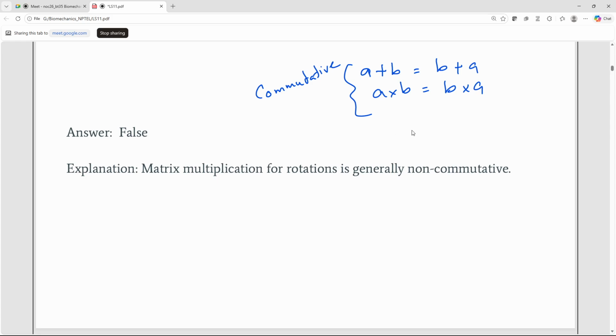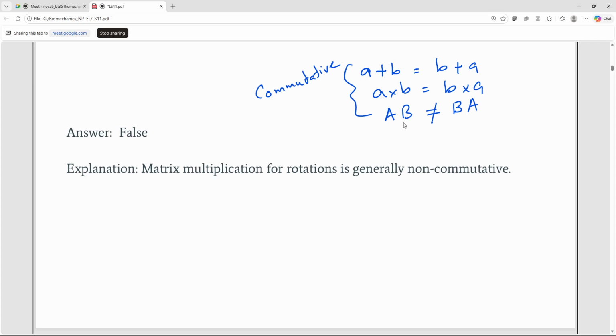Suppose A and B are matrices, then A times B will not be equal to B times A. You can take any matrices and try to multiply, because matrix multiplication happens as rows times columns. The rows of A are multiplied against the columns of B. If you switch the places, you will end up getting a completely different answer.